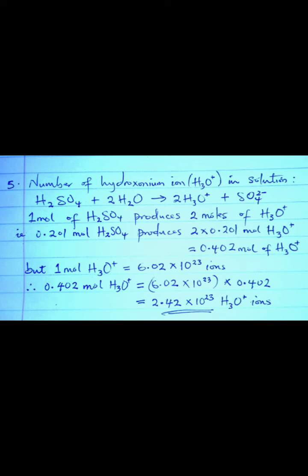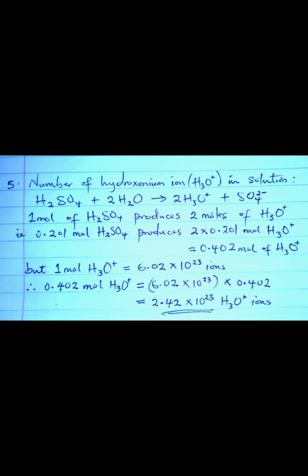That is to say, we found the concentration of A, that's the H2SO4, in mol dm cube, and that was 0.201. That's our 1 mole now. So 1 mole of H2SO4 is 0.201 mole of H2SO4. You understand what I'm saying? So we replace that and say 0.201 mole of H2SO4 produces 2 moles of hydronium ion.